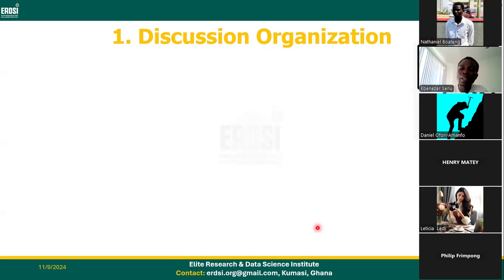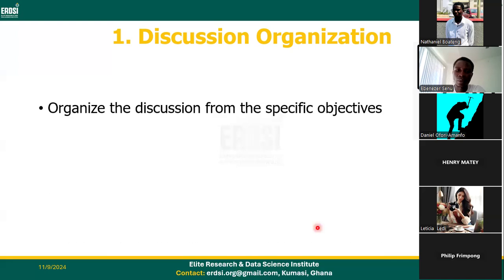When you want to do a proper discussion, you have to first organize your work, mostly the organization of each paragraph. When we were talking about the introduction, the organization of paragraphs was based on some of the themes that we were talking about, for example, the prevalence theme and the factors theme. But here in the discussion, each paragraph or subheading should be based on your specific objectives.